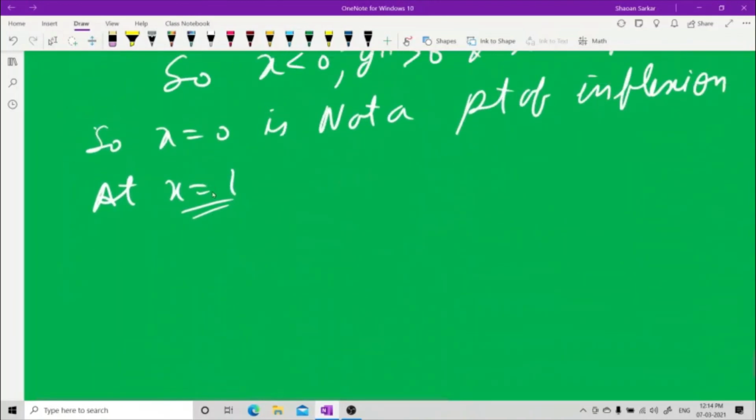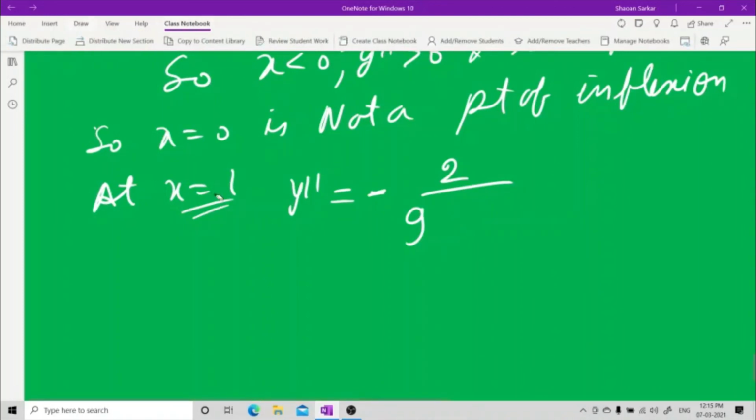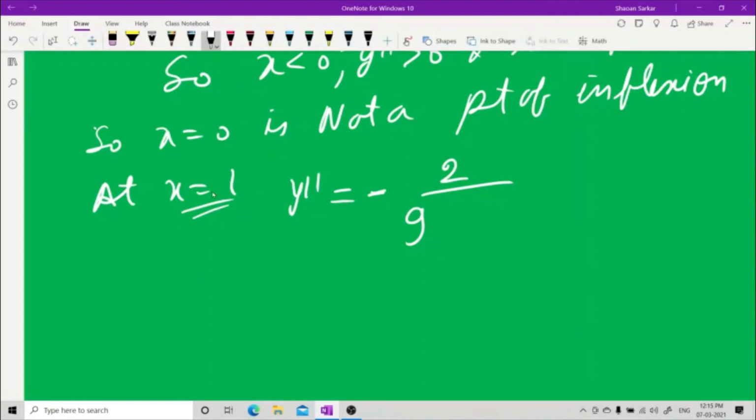You have y double dash, minus is there, 2 upon 9 x to the power of 4 whole 5. Leave this, let me rewrite it. x to the power of 4 whole 5, and then you have x minus 1 to the power of 5, 1 by 3.